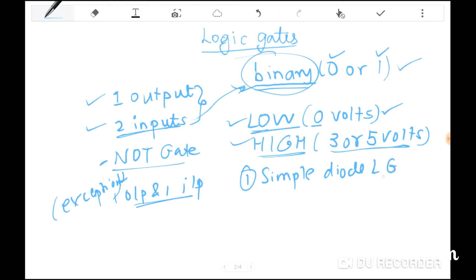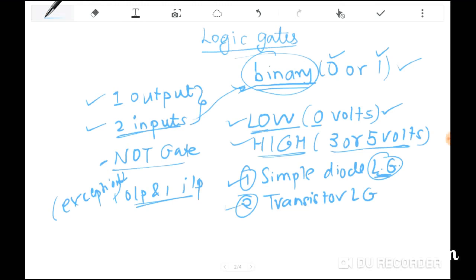And the second part is transistor logic gates.